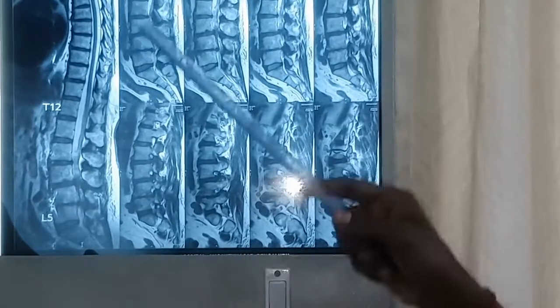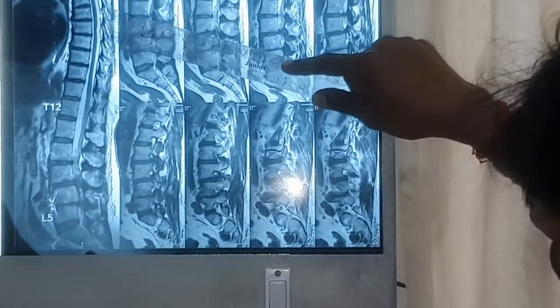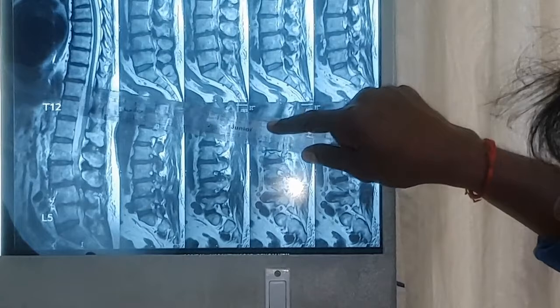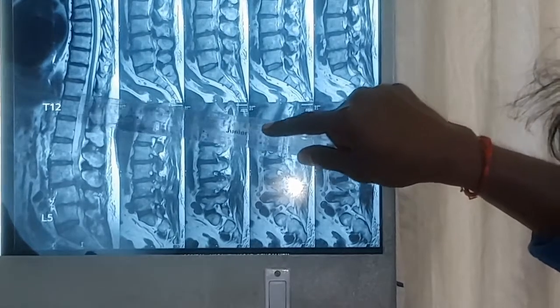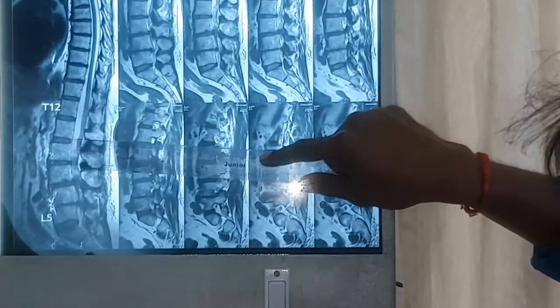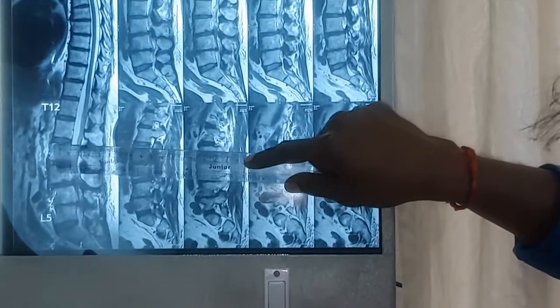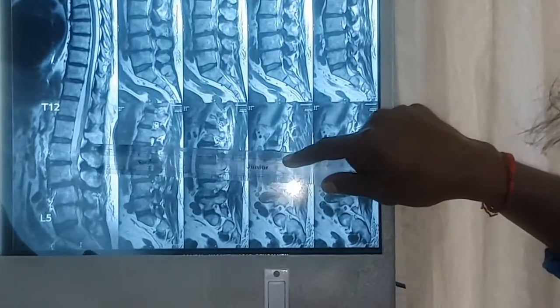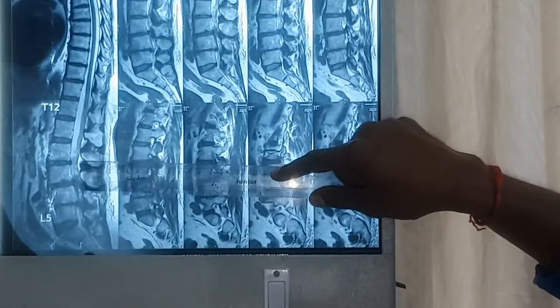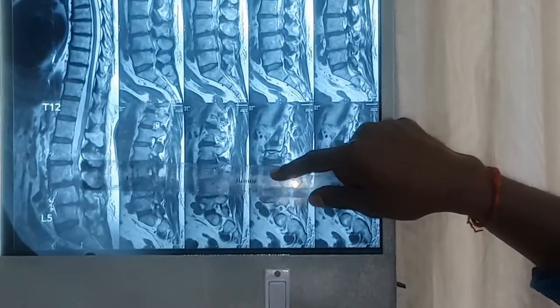And what is the canal diameter here? As you see here, the canal is of good diameter. Nicely, the spinal cord is suspended in the cerebrospinal fluid. As the lumbar level starts, you see the spinal cord is struggling and getting sandwiched between the anteriorly located disc on the bodies and the posteriorly hypertrophied facet joints as well as the ligamentum flavum.